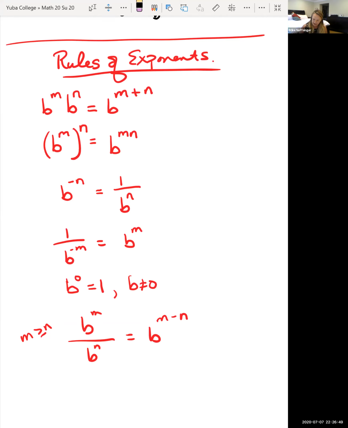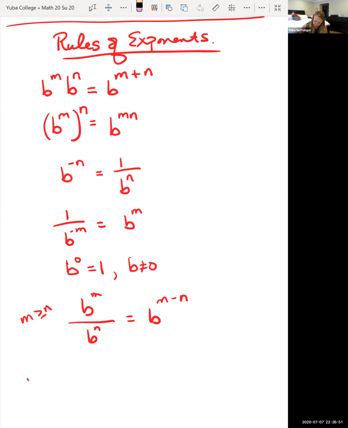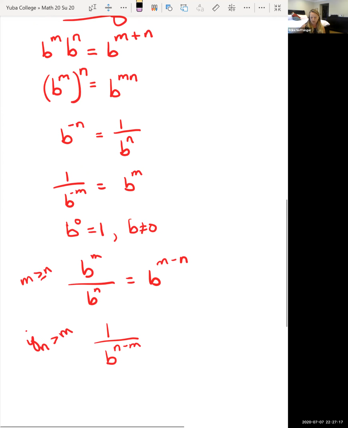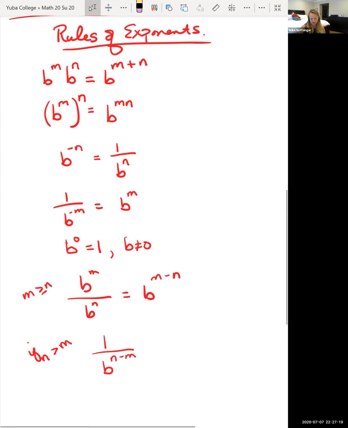But if n, the denominator, was bigger than the degree on the top, then I would actually move it down to the denominator and do n minus m as the exponent. That just saves a step so that I don't have to deal with a negative exponent in the numerator. Okay, so those are rules of exponents that hopefully you remember.